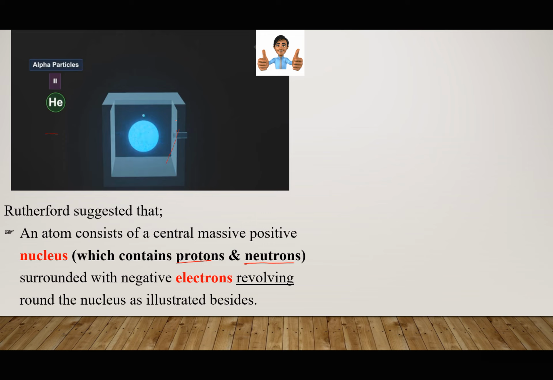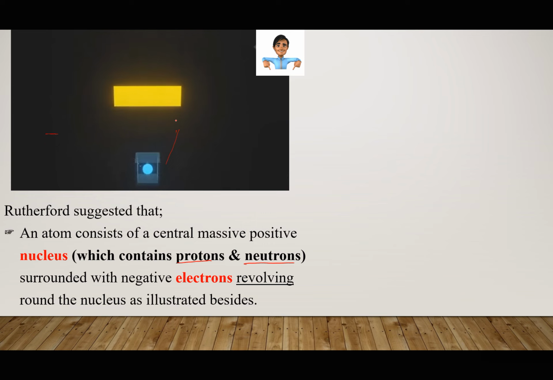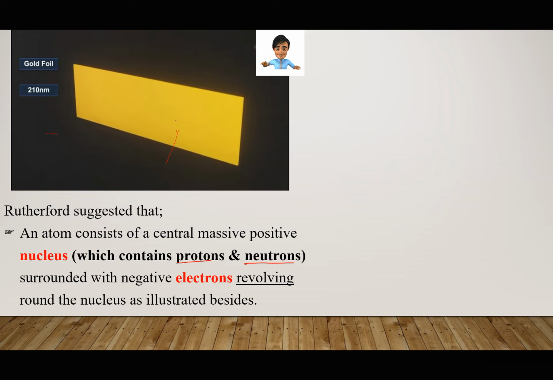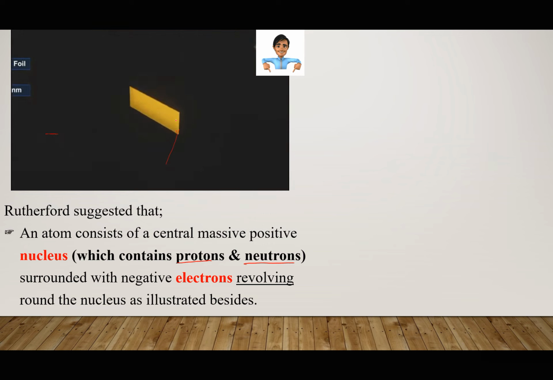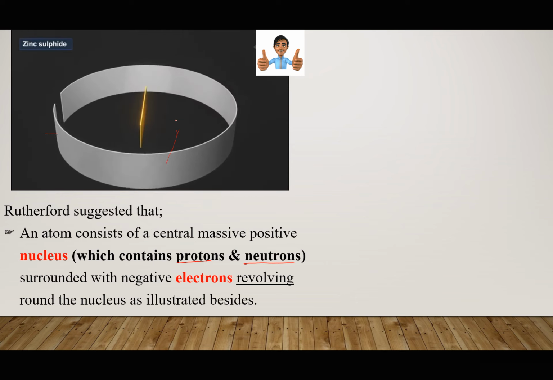So when the alpha particles are directed through a thin gold foil, most of the alpha particles were able to go through simply because most of the atom is empty space. And therefore, Rutherford suggested that an atom consists of a central massive positive nucleus, which contains protons and neutrons, surrounded by negative electrons revolving around the nucleus, as we are going to describe later on.